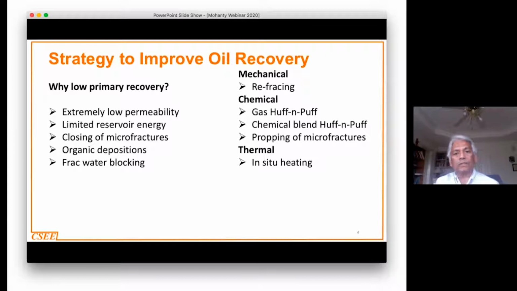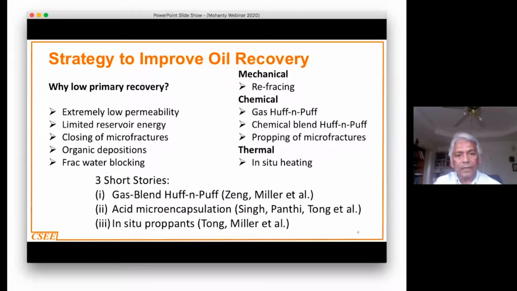Also, if you can come up with some techniques to prop up the microfracture, that will also help improve the oil recovery. We have also looked into thermal aspects, like putting some microwave energy or radio wave energy, which can energize the reservoir and, by in situ heating, improve recovery. Today, I want to give you 3 stories.